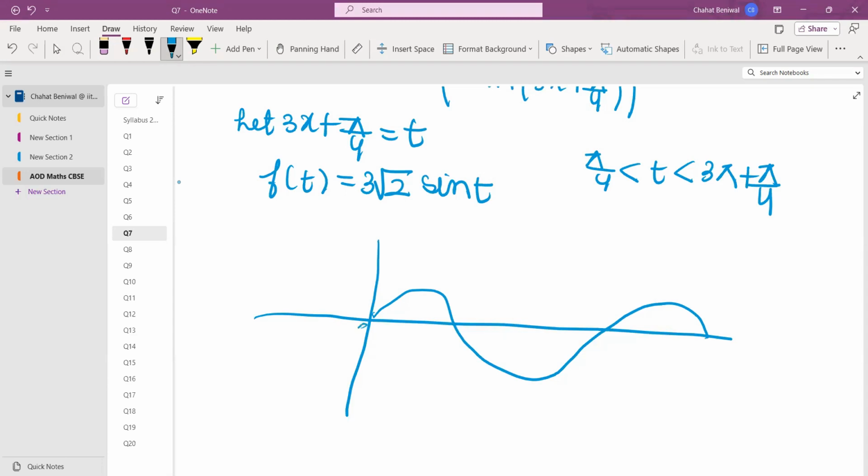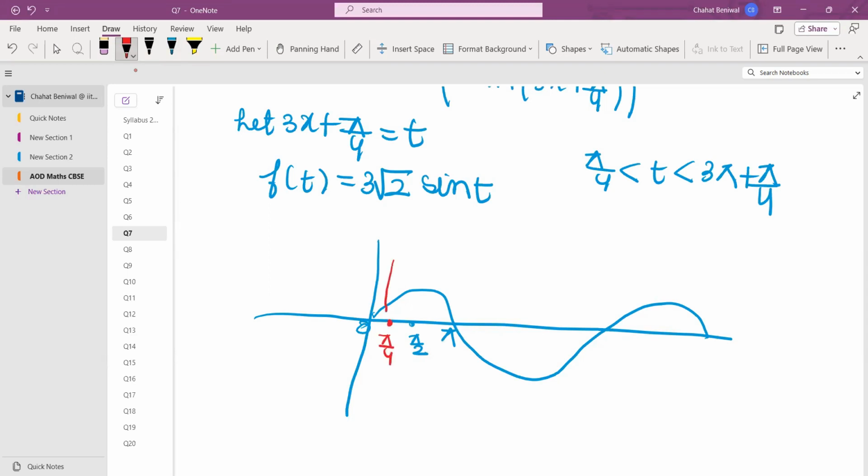So this is 0, this is pi. Here will be pi by 2, and in the middle there will be pi by 4.